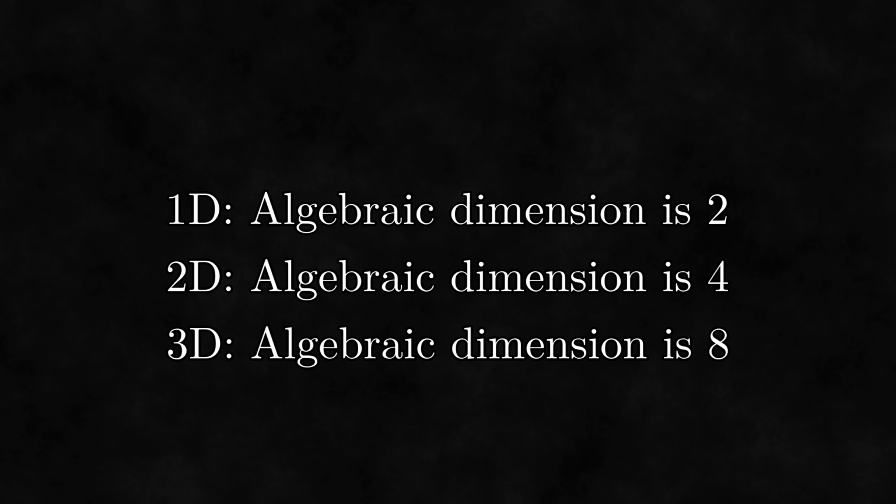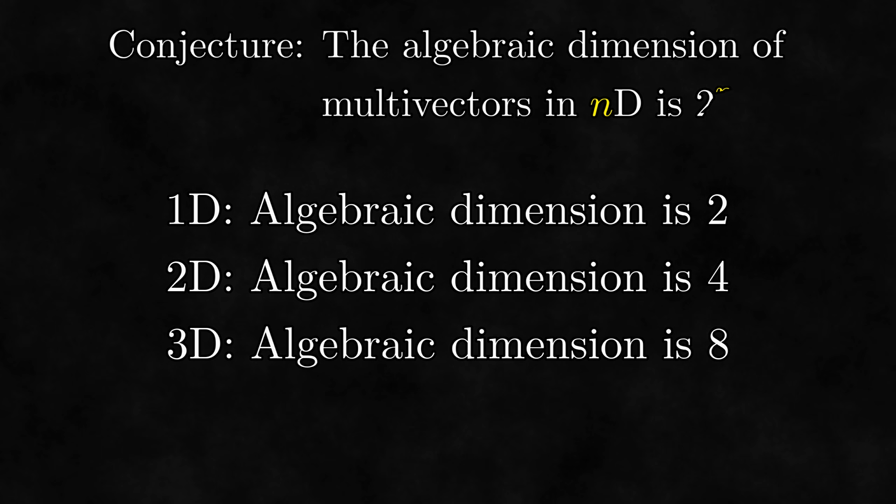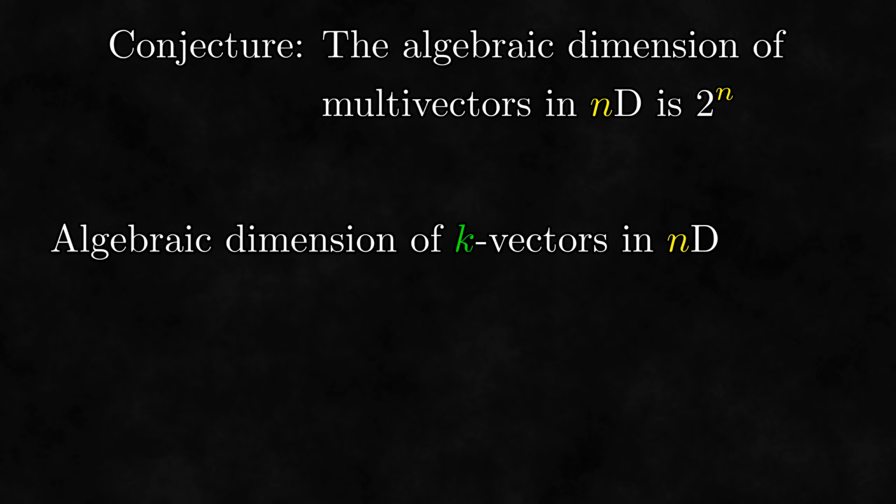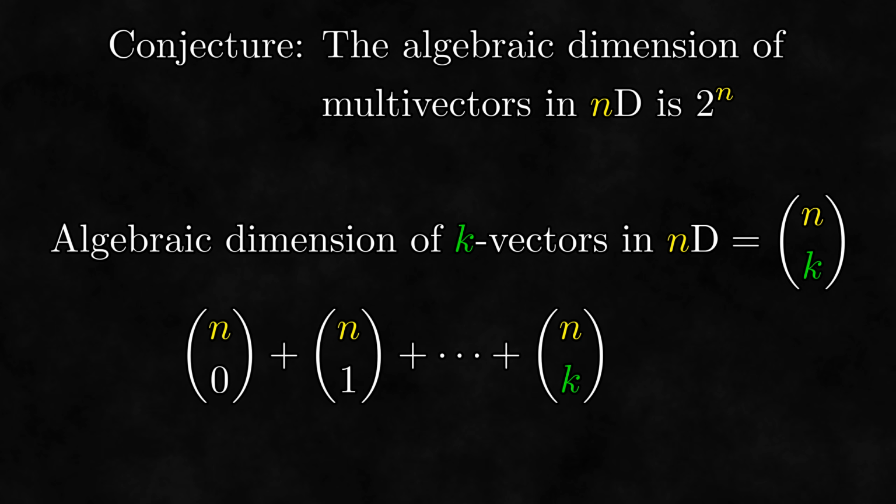Is this true? More formally, is the algebraic dimension of multivectors in n-dimensional space 2 to the n? Well, remember from the last video that the algebraic dimension of k-vectors in n-dimensional space is n choose k. It's a standard fact about binomial coefficients that the sum of n choose k for all k from 0 to n is equal to 2 to the n, which directly proves our conjecture.